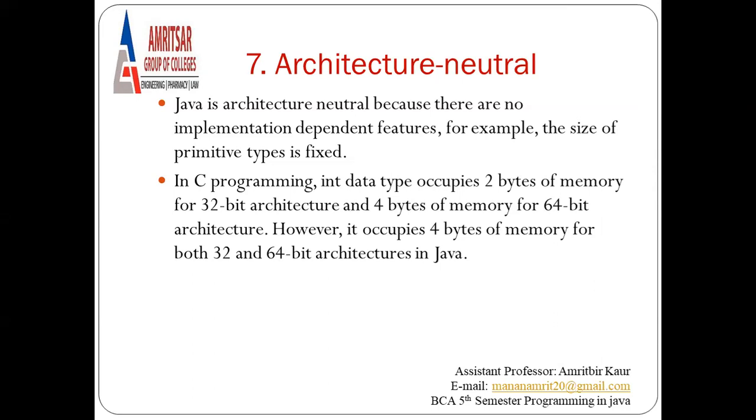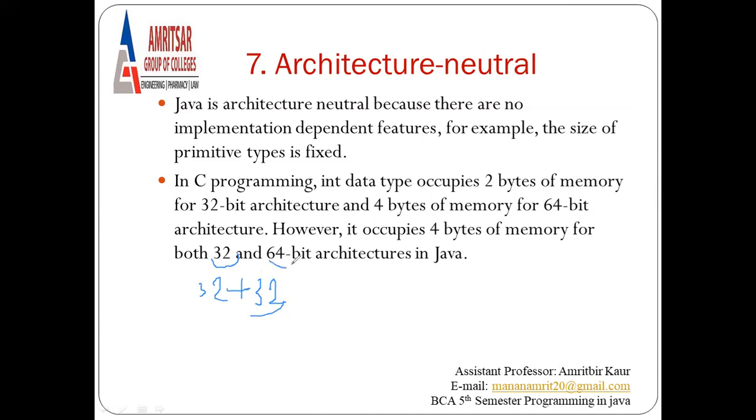However, in Java, it takes 4 bytes for both, for 32 or 64. So it helps to make Java architecture neutral. When we execute our program on 32-bit, it uses 32 bits and the remaining 32 will be free.